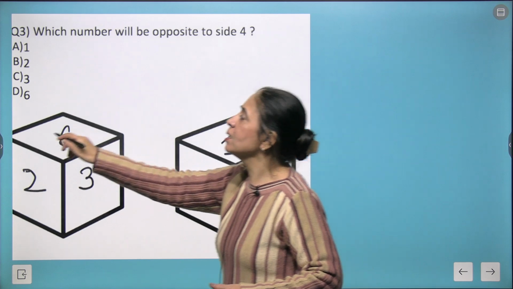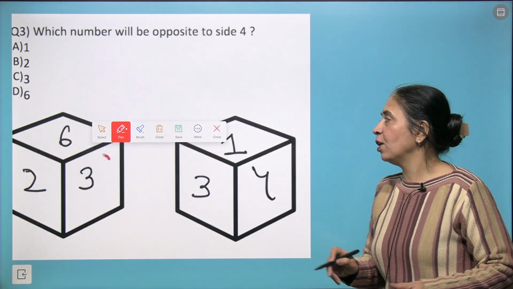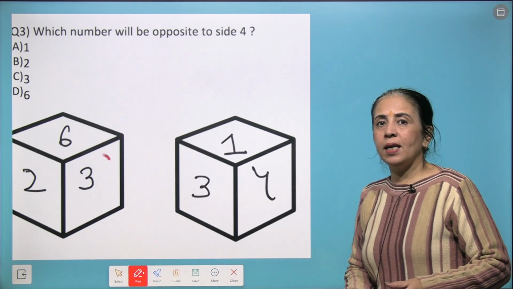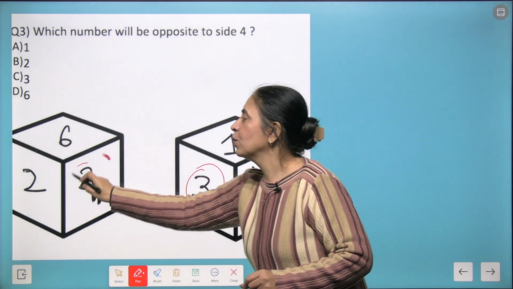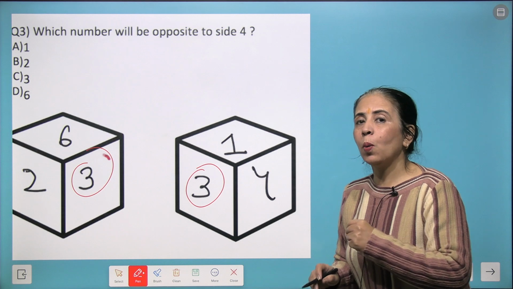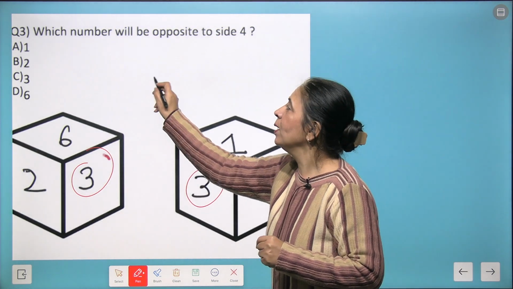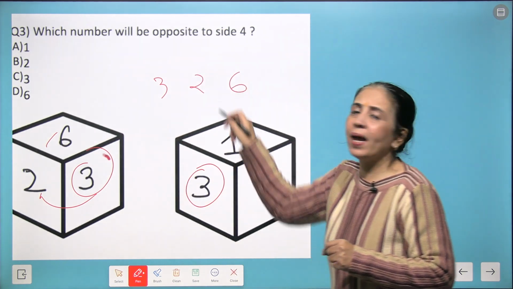The question is which number will be opposite to side 4? Now we see that we have number 3 here. Number 3 also exists here. We take a clockwise turn and write down 3, 2 and 6, right?